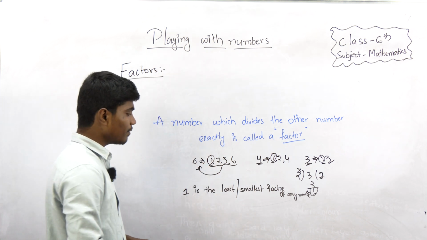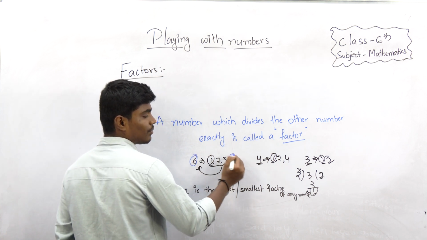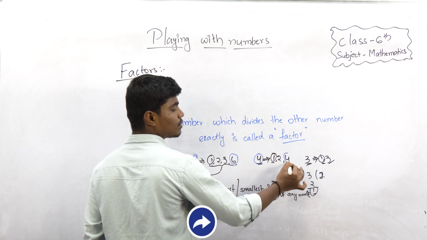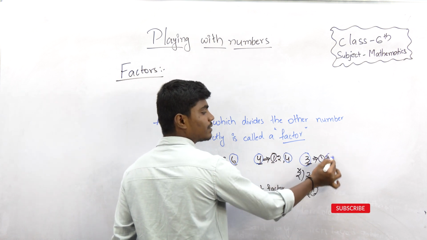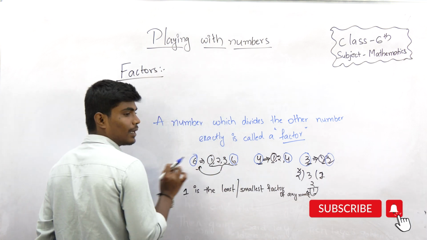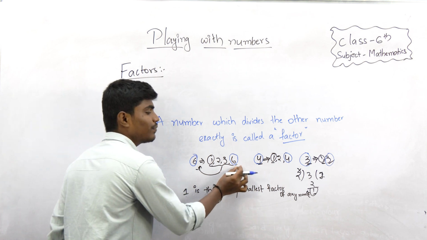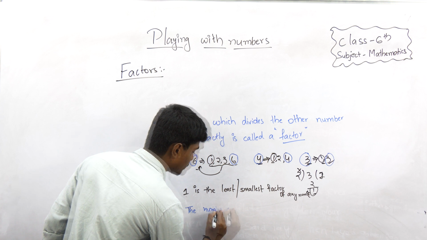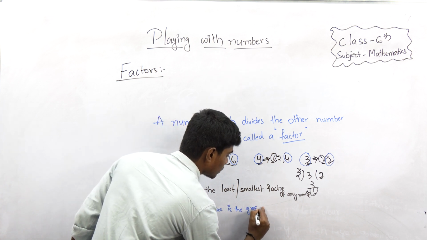Now if you observe, see, for 6 the factors end with 6. Here 4, here also 4. The last factor is 4. If you take 3, the last factor is 3. See, by this what can we conclude? The number itself is the highest or the greatest factor.